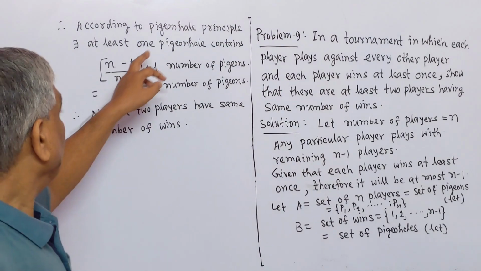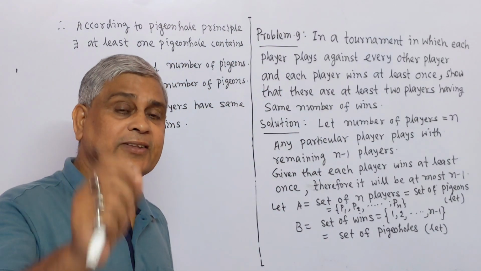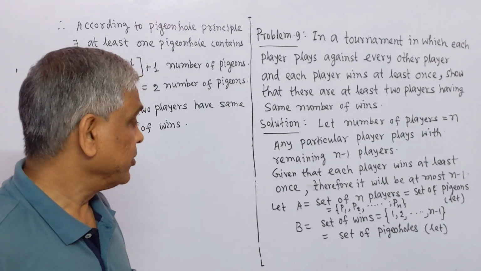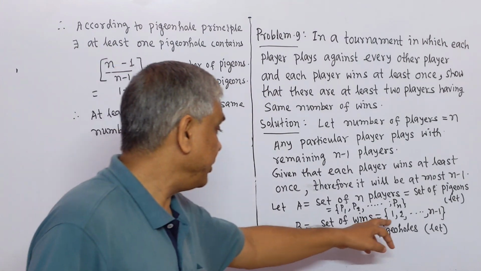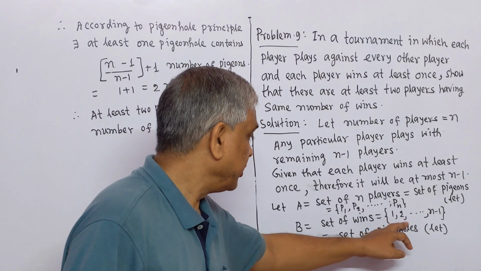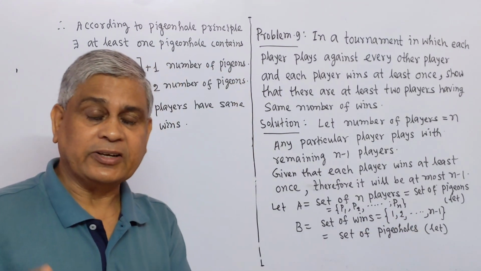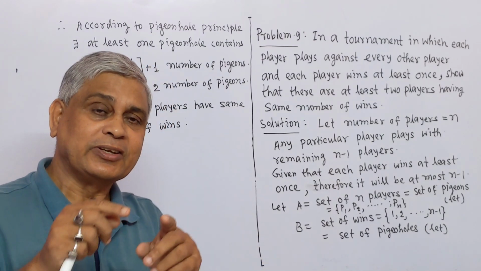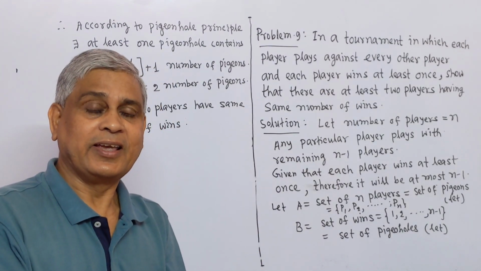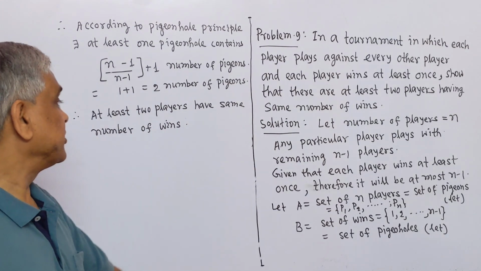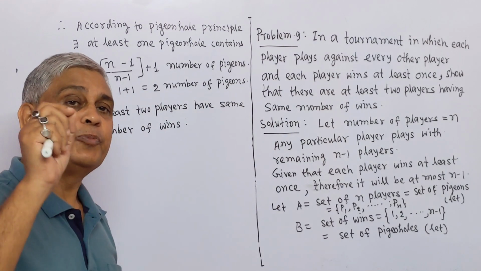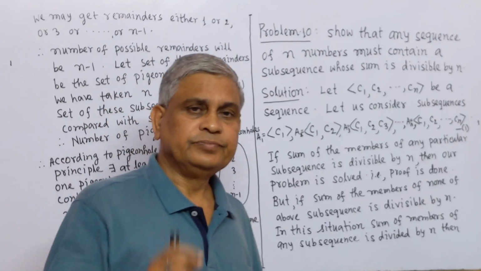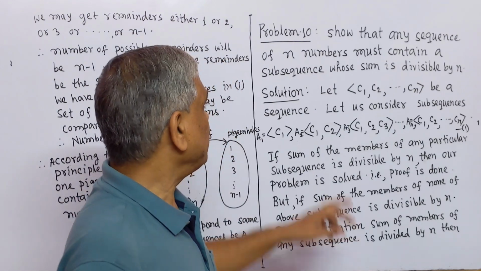That means one pigeonhole contains 2 pigeons, and the pigeonhole is the number of wins here. So 2 players will be in a pigeonhole, meaning the same wins. So at least 2 players have the same number of wins. Proved.